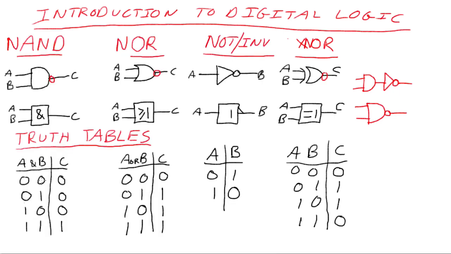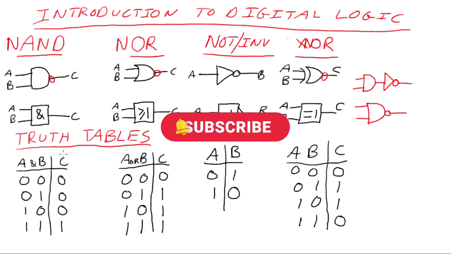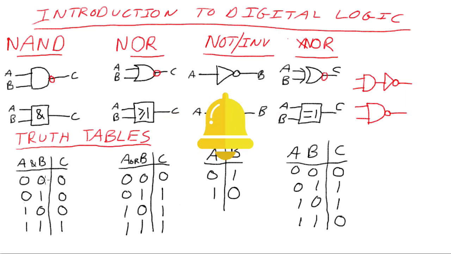Now you might think, hey, do we have to learn more truth tables for these gates, NAND, NOR, and XNOR? Well, yes, you do. But if you've learned the truth tables, or you can derive the truth tables for AND, OR, and XOR, then you can do the same for the NAND, because we've just added, remember, this inverter on the output. So we can just take our output here, which is C. All our inputs stay the same, they haven't changed.